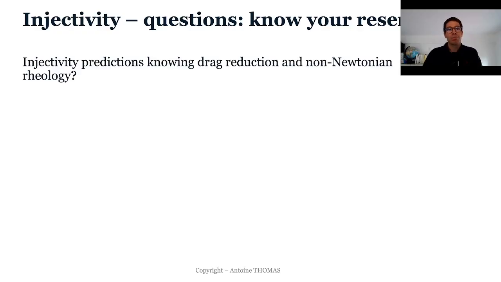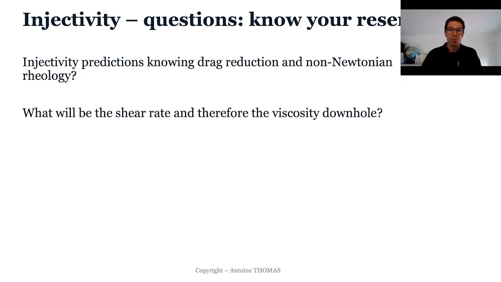So again, some other questions, and then we will try to go through some examples, is how can my injectivity predictions be reliable if I don't take into account drag reduction and the non-Newtonian behavior of polymer solutions? Do I precisely know what will be the shear rate and viscosity downhole?